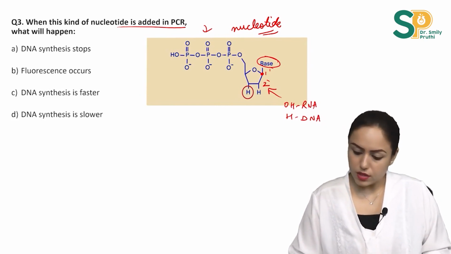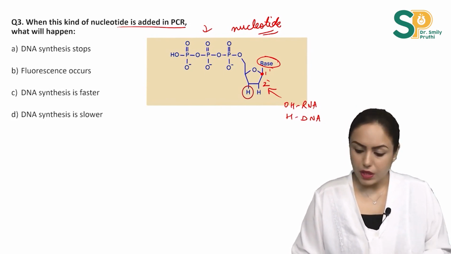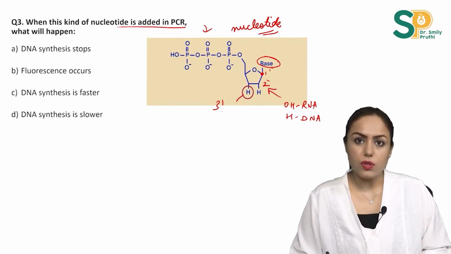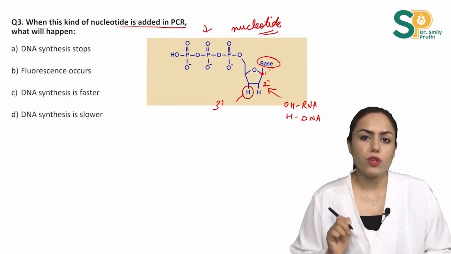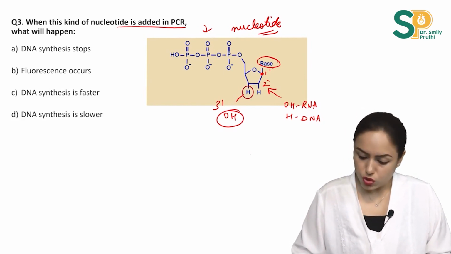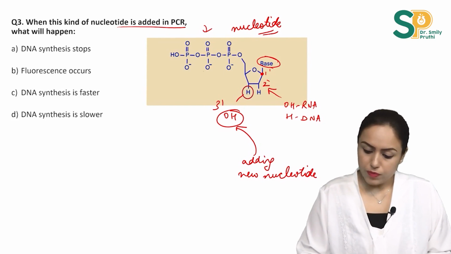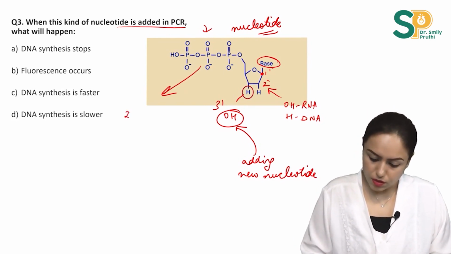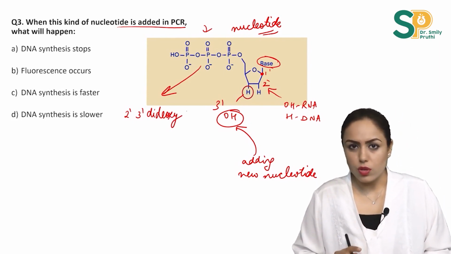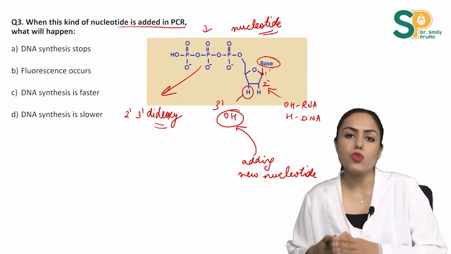So this is correct that here we have H means it is a deoxyribonucleotide, right. Now, this is 3' position. At 3' position of a nucleotide, there should be OH. This OH is used for adding new nucleotide. But now, this nucleotide is a 2', 3' di-deoxy. Di means 2. So, at 2' also, at 3' also, there is deoxy means oxygen is removed, okay.